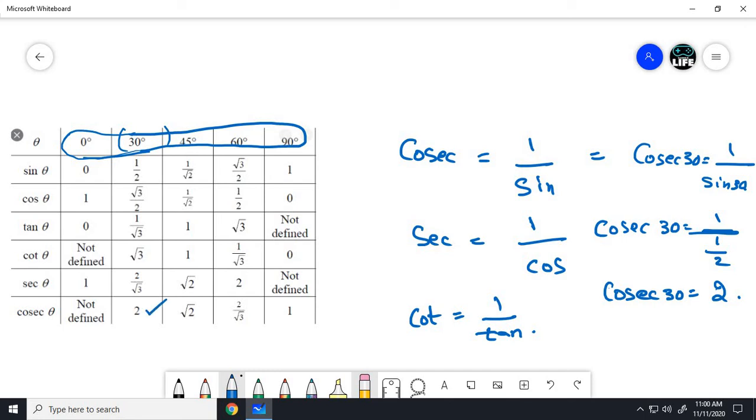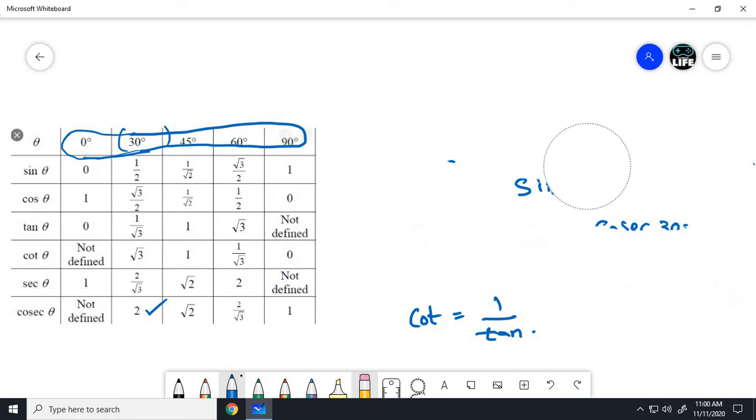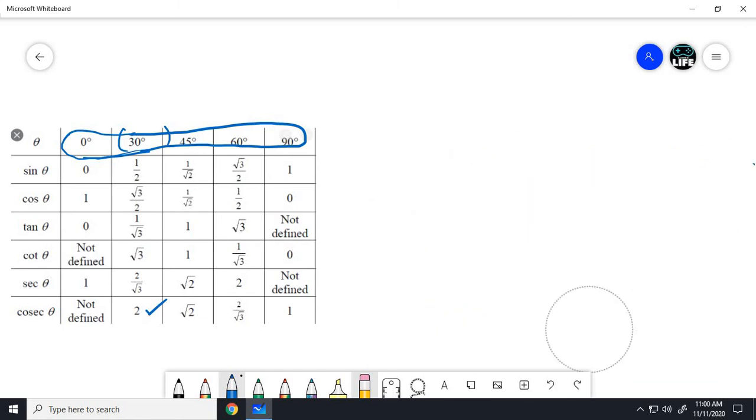So friends, the only thing you need to learn is, let me tell you. First of all, you need to learn that tan equals sin theta by cos theta. You need to learn that formula, and then you need to learn cosecant equals 1 by sin theta.